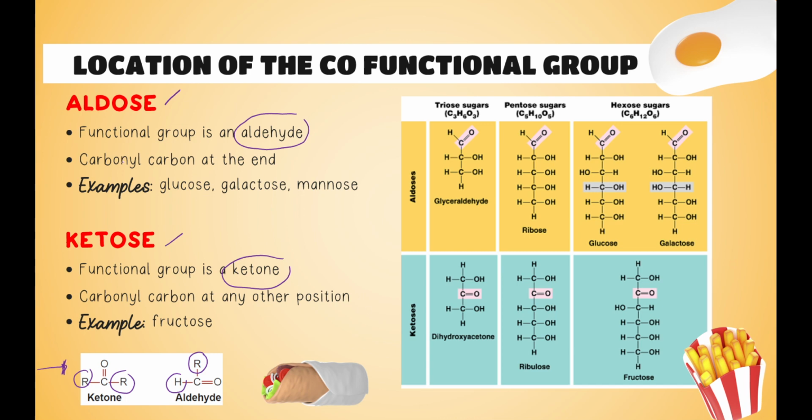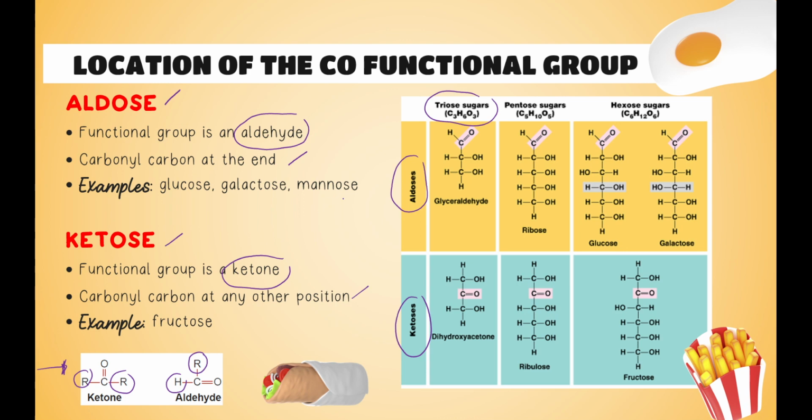So here for aldose, the carbonyl carbon is at the end, while for ketose, its carbonyl carbon is at any other position, or I would rather say that it is actually in the middle. So going back to our image here, other than grouping your carbohydrates in terms of the size of the carbon chain, they can also be grouped according to the functional group.